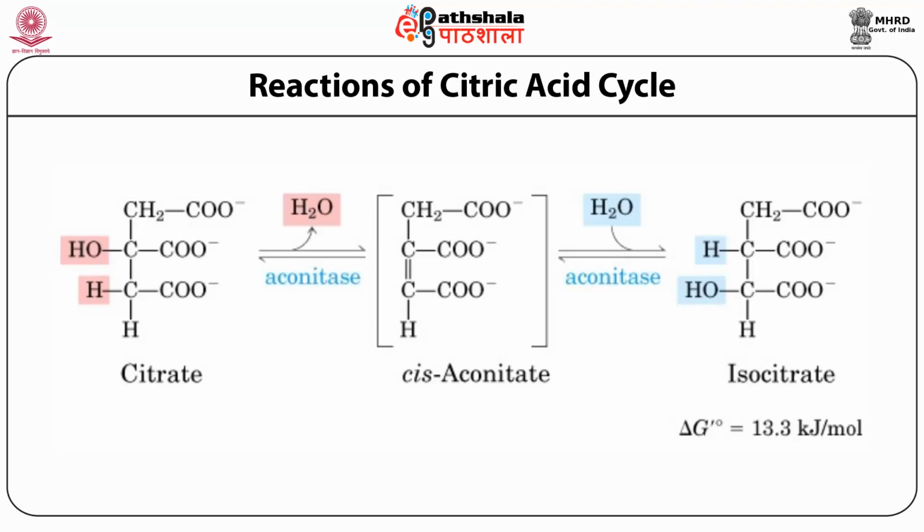So first citrate is converted to cis-aconitate by the action of aconitase enzyme, and this reaction is a dehydration reaction. Then cis-aconitate, by the action of aconitase, again with addition of a water molecule results in the formation of isocitrate, and now isocitrate is ready to enter further reactions.